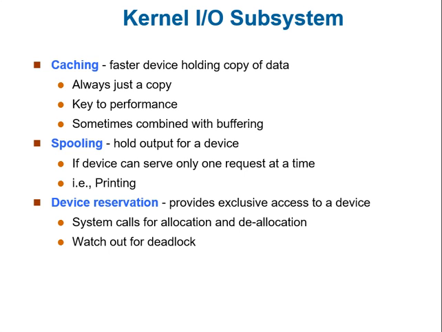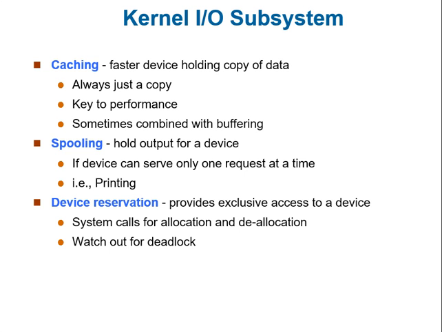So this is considered spooling. They hold the output of the device before it will be printed or executed. Normally they can put it in the main memory or sometimes in the printer memory itself. Some printers, especially laser printers, have their own main memory.